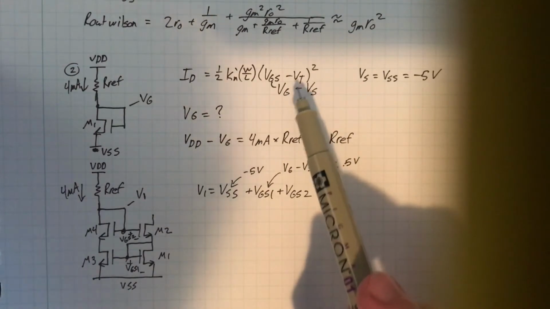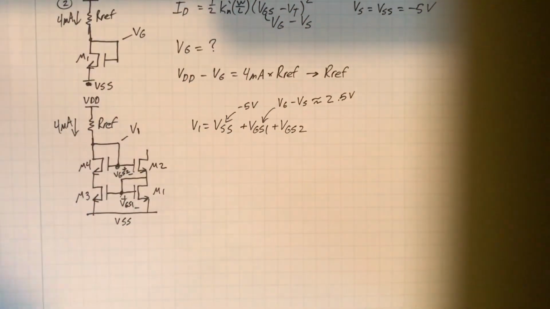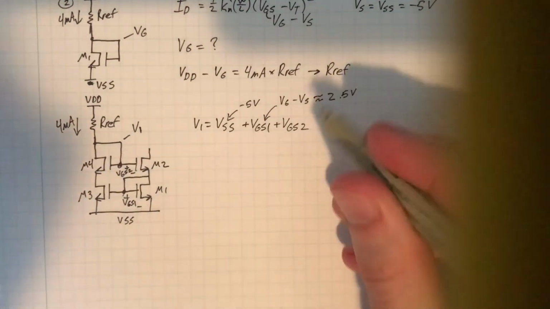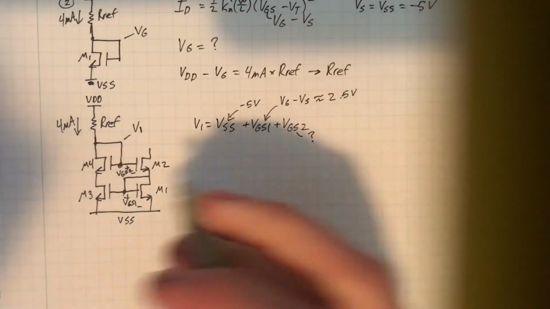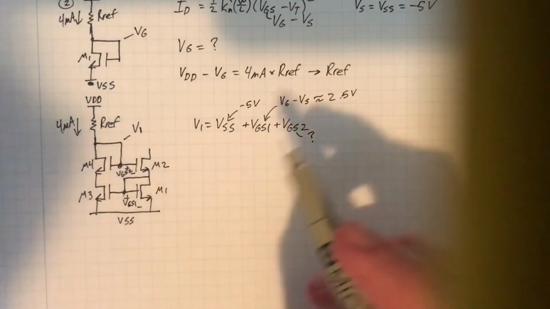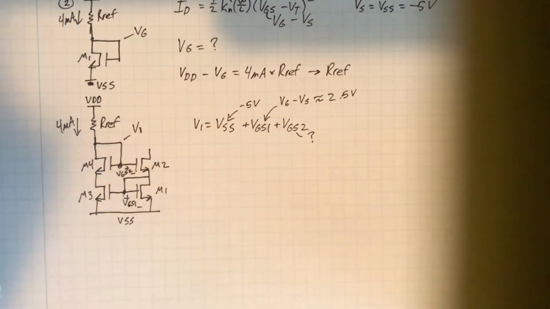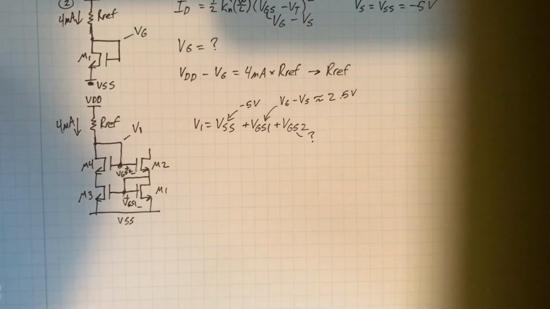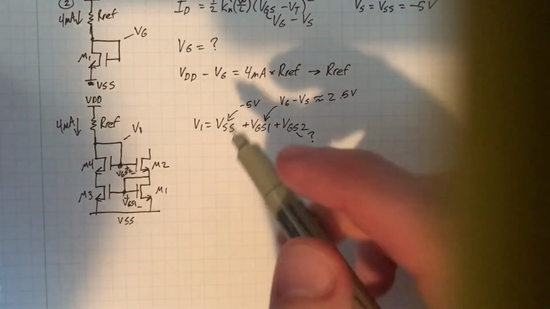Threshold voltage is different for M2 and M4 in this circuit. So we don't know what VGS2 is. But first we need to figure out what the threshold voltage of M2 is, then we can use that saturation equation again and figure out what the gate voltage is and VGS voltage.